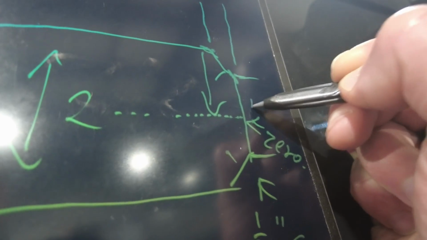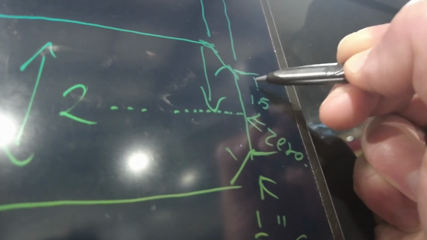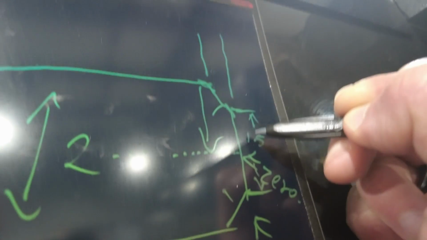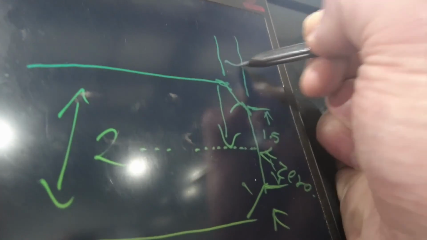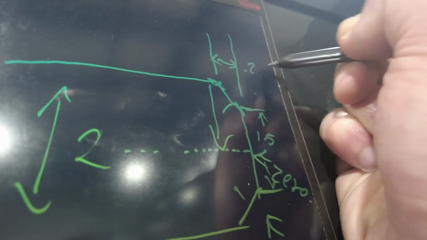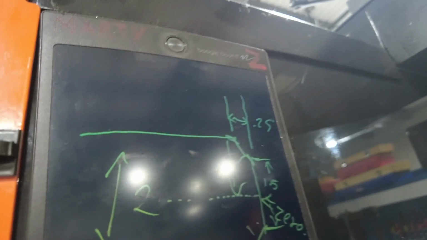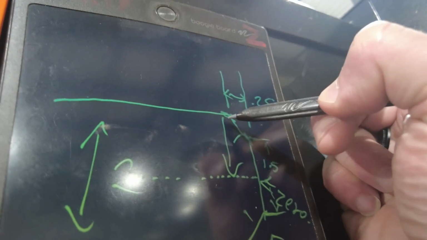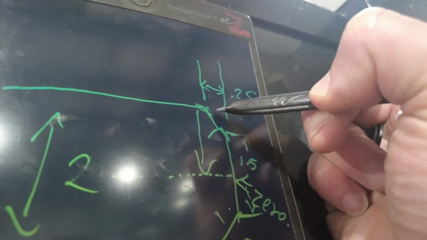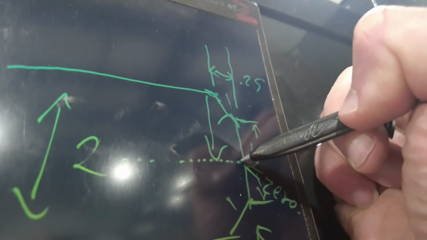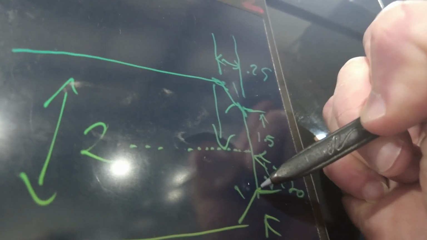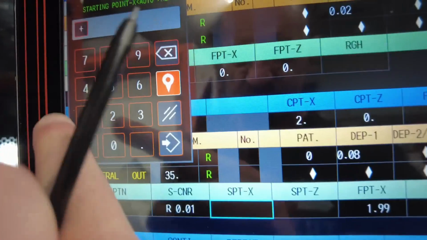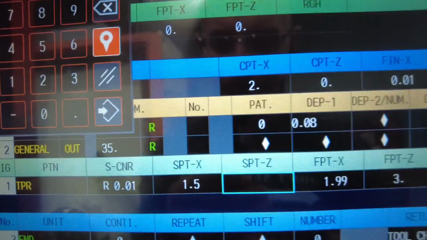So the starting point of this would actually be 1.5 inches. Like I said, the reason it's always double is because when we cut, we only cut up to the center. We never go past the center, right? Because the part is spinning. So final point X, 1.5.